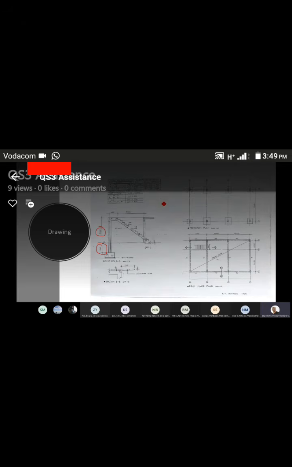I will write on the drawing here: 1150, and I add 0.5 to that. All happy with that dimension that I've written down there? You see those dimensions? Yes, sir, you can see.